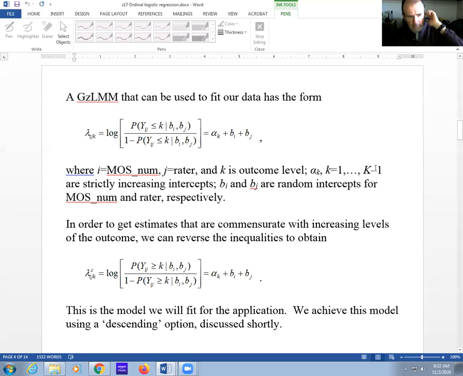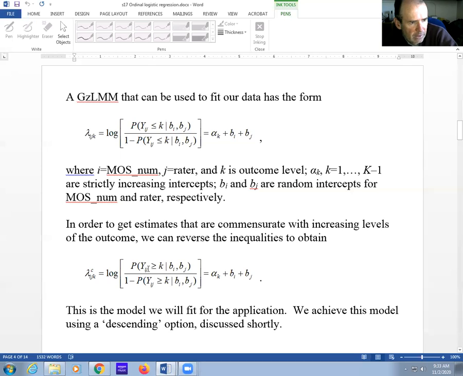And what I found is it's actually easier to flip it around. If you flip around the inequalities, it's easier to look at the logit in this way. And you can do that very easily in the software. If you just state descending, then you're flipping it around.